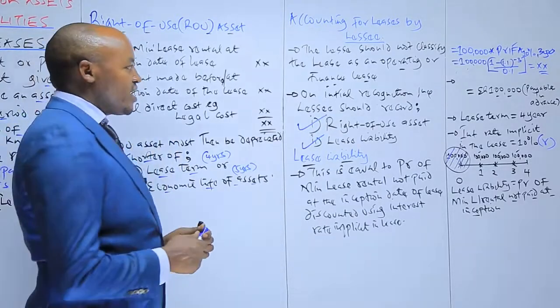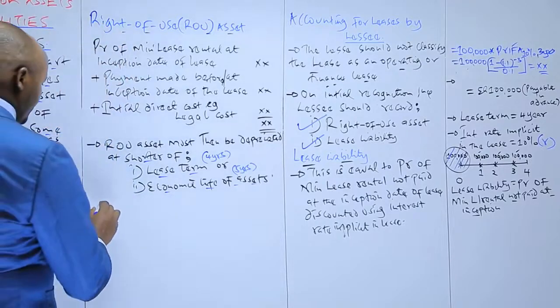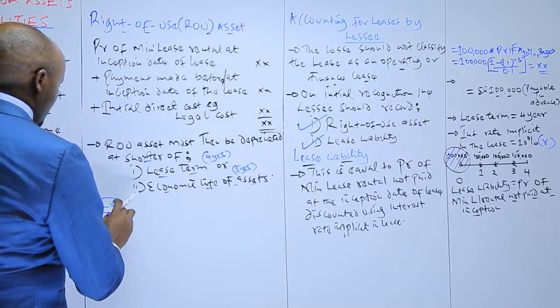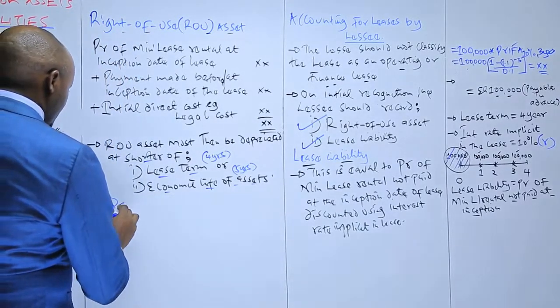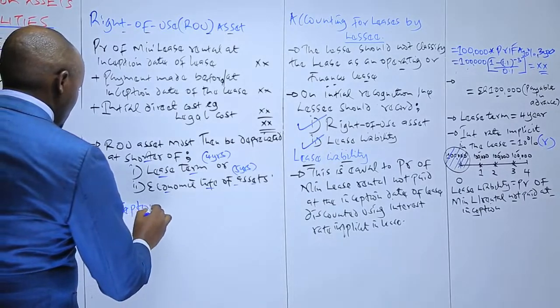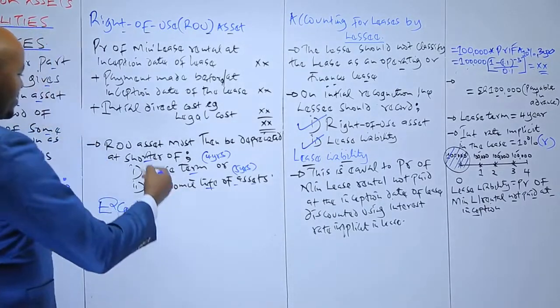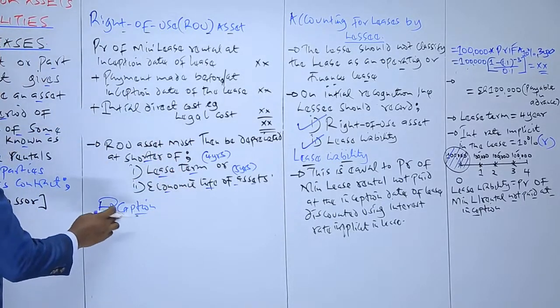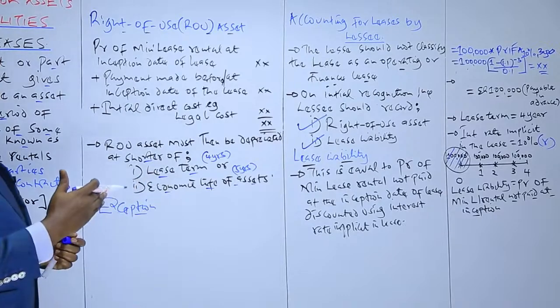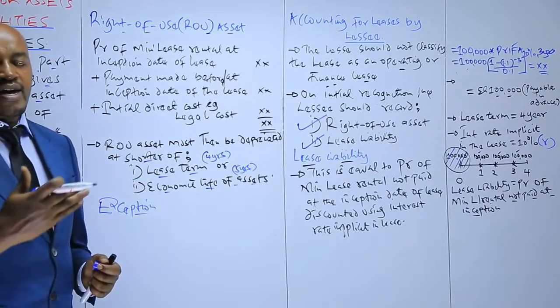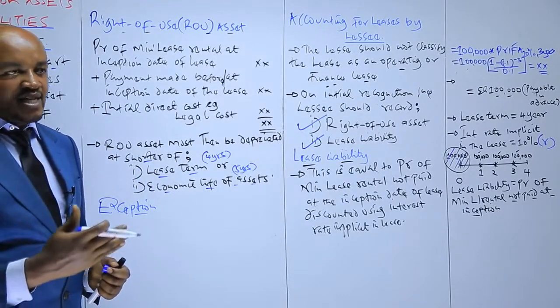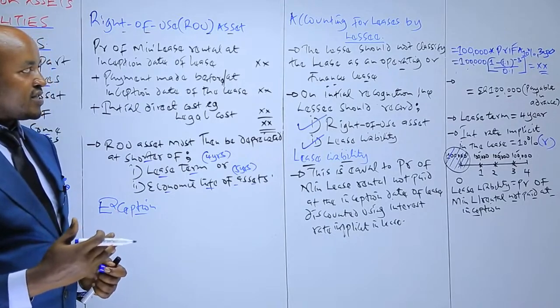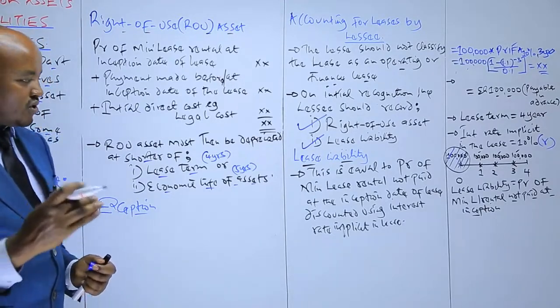Lease liability. So which are those exemptions? Exceptions. So basically we refer to them as exemptions or exceptions from complying with IFRS 16 as far as accounting for leases by the lessee is concerned.